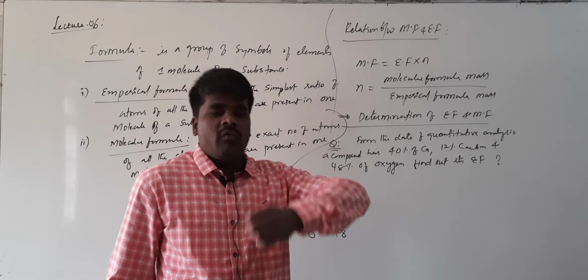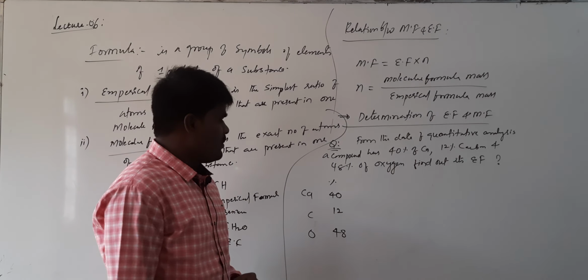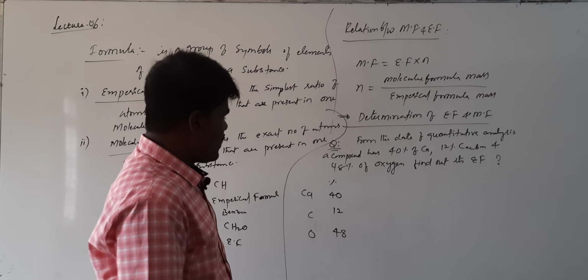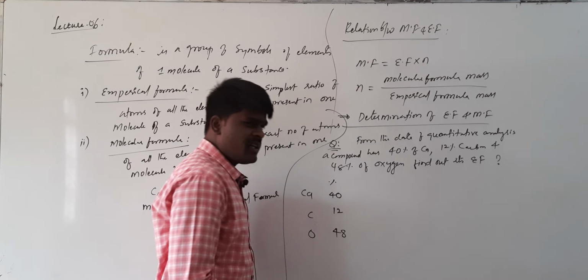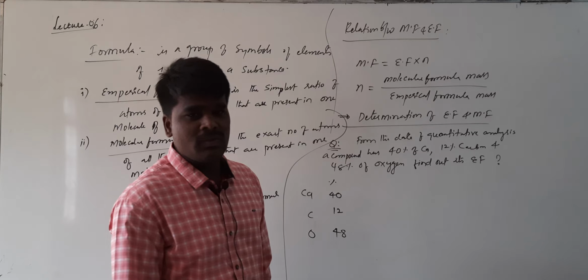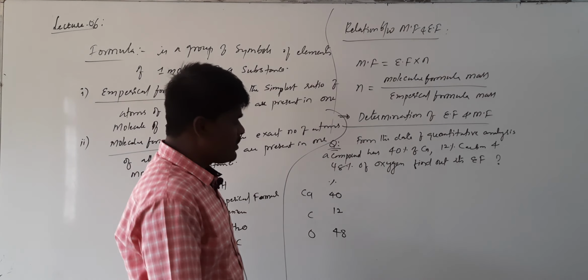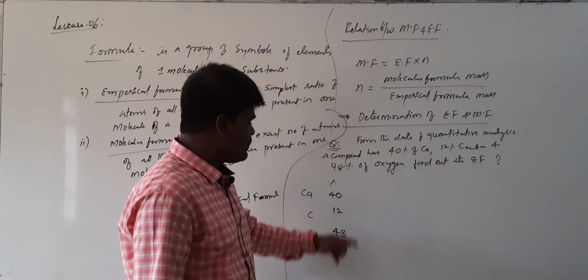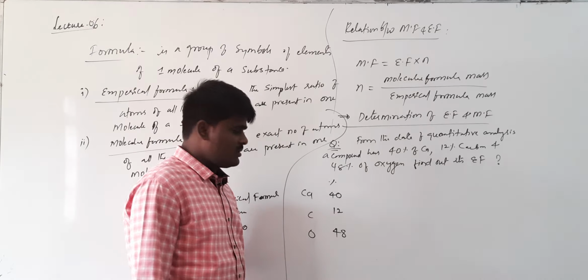So when the weight percent of an element is given in a substance, the method to determine the empirical formula is that, first of all, this percentage weight of the element should be divided by its atomic mass in order to get the relative number of atoms of the element. What you have to do next is divide the given percentage mass by the atomic weight of the element.